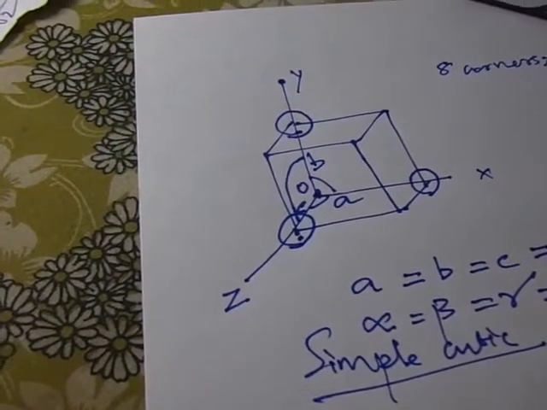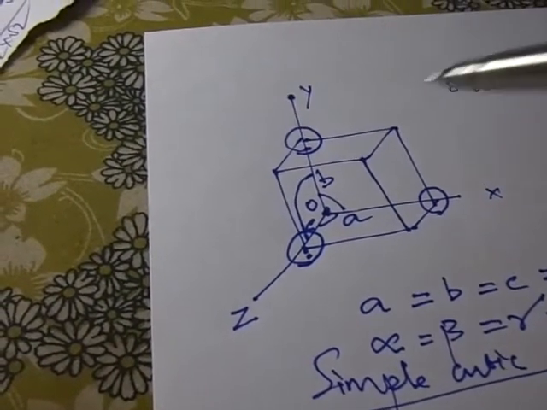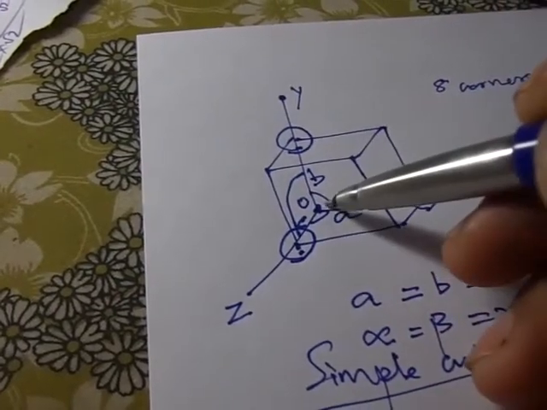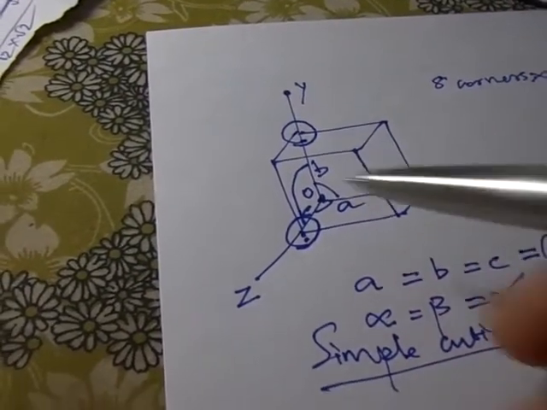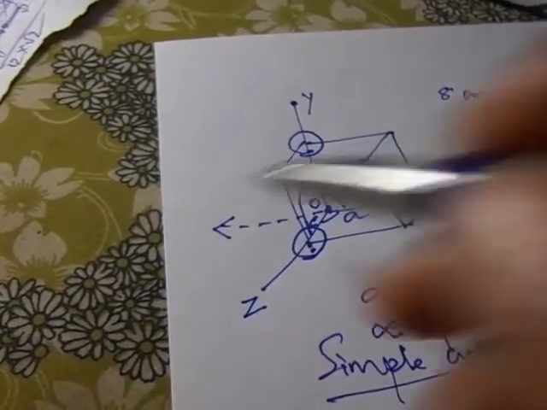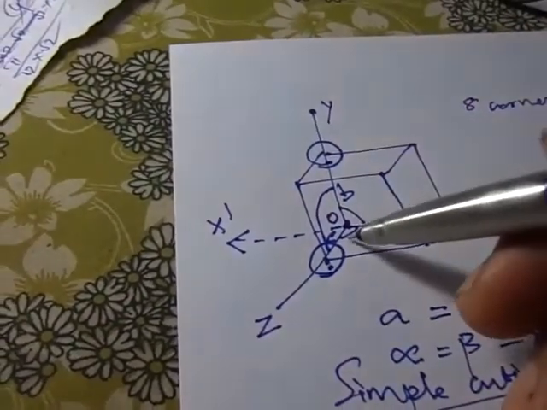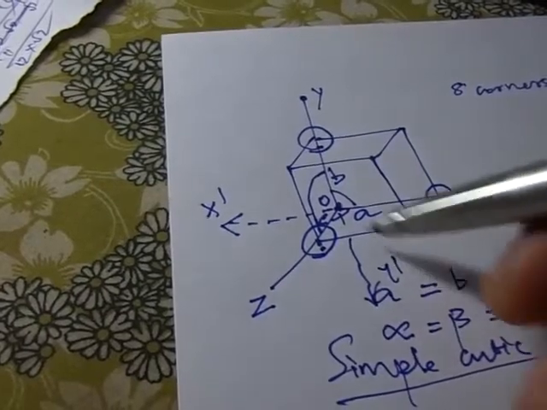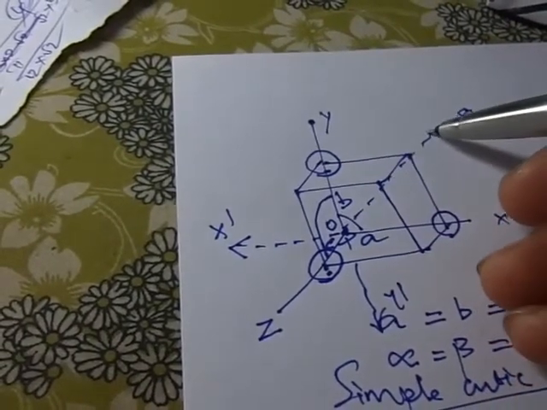When the next adjacent unit cells are placed, that comes in the opposite axis. Say if the axes are x, y, z, the opposite ones come as x dash, y dash, and z dash.